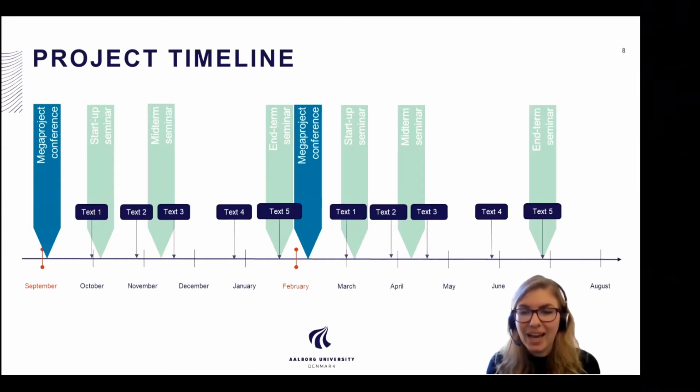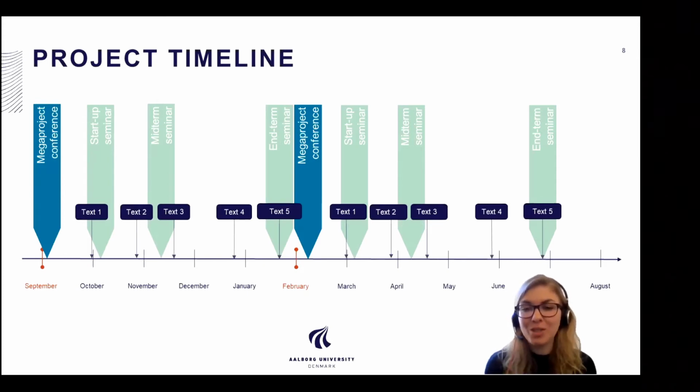Then you will have the second text, the status description. Then you will meet up in the midterm in April, and then you will have the rest of the deliverables, the text, yeah, deliverables, we call them that. And then you will again meet up at the interim seminar.